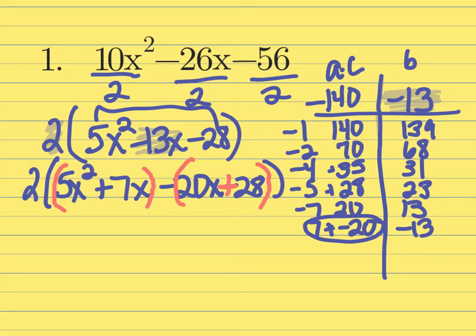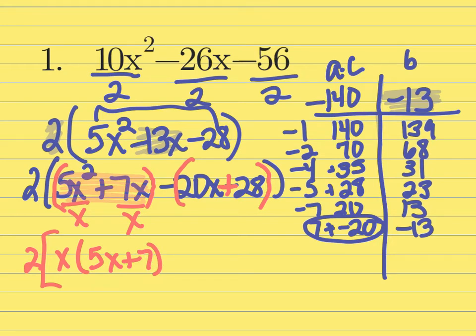Now we're going to find what each have in common. On my first group here, I know they have an x in common. So I'm going to factor out an x, and that gives me 5x plus 7. Now my second set of parentheses, I have a 28 and a 20.